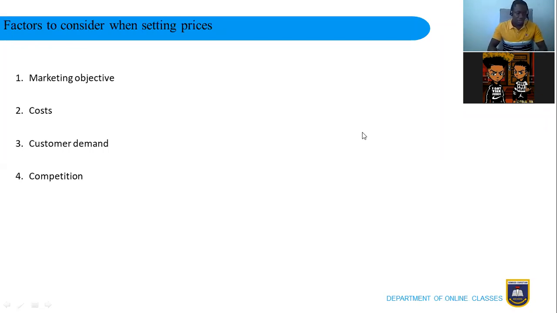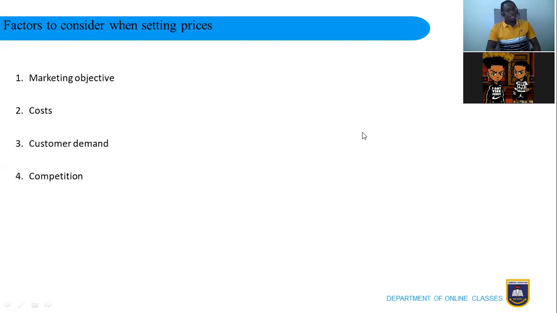So some businesses decide to use that as a strategy to make a lot of profit. If the demand for the product is inelastic, you can decide to fix a high price for it, and then you'll be able to make your return, because definitely they will purchase it.